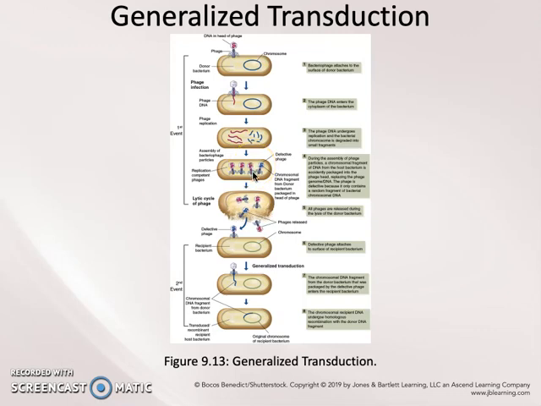But occasionally, an accident happens. This is unintentional, and the bacteriophage particles will accidentally incorporate part of the bacterial cell's host cell chromosome into the viral particle. When these bacteriophage are released and escape, they go to infect other cells.